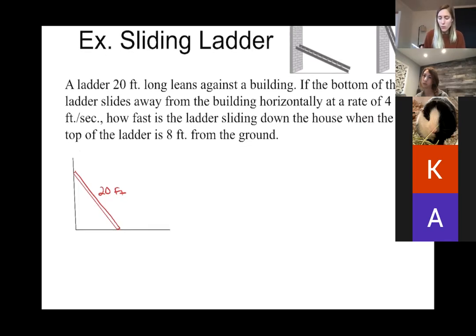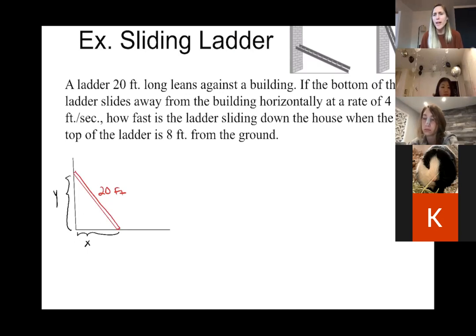I'm going to label this picture. I'm going to label the distance of the bottom of the ladder to the wall as x. You can use any variable you want, but I'm going to use x. And I'm going to say that the distance from the top of the ladder to the ground is y. And as time is passing, those quantities are changing. Now notice what shape is created in our picture.